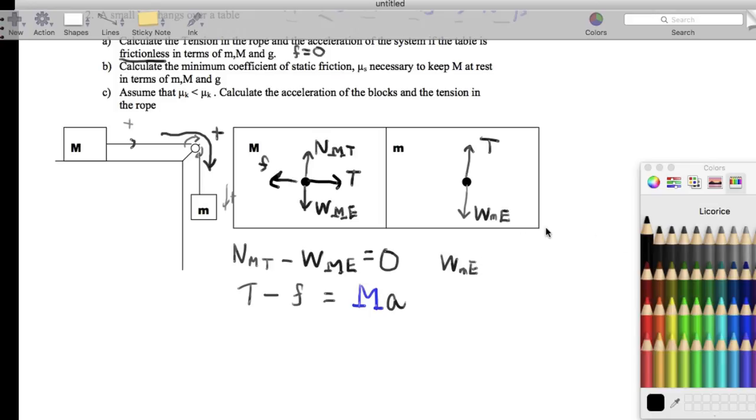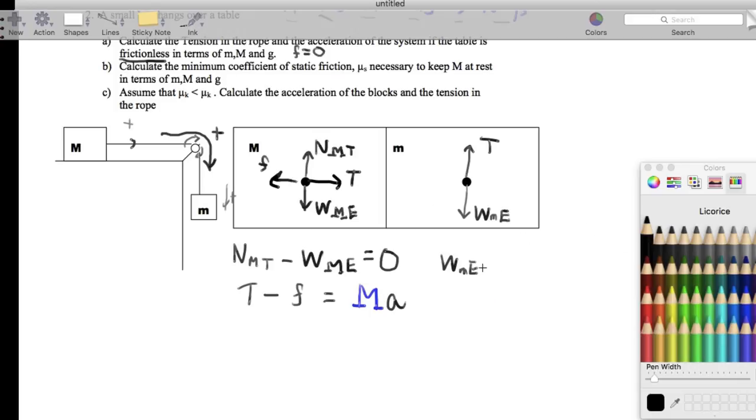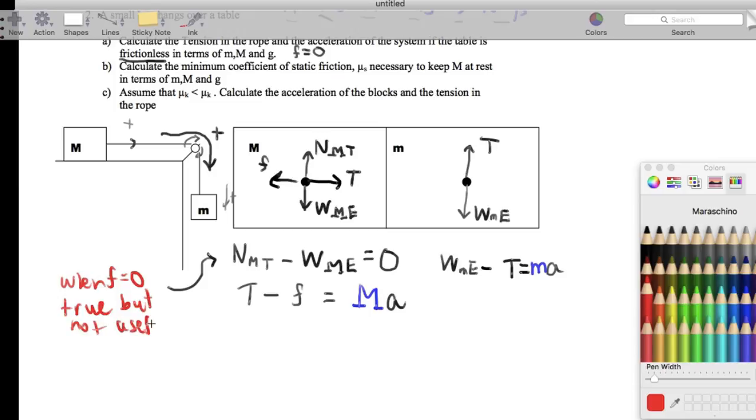So we're going to write equals minus T equals little m, which is a given, times my unknown acceleration. So it turns out this equation, when we're dealing with frictionless systems, when friction is 0, is true but not useful. We'll actually need it though for parts B and C.